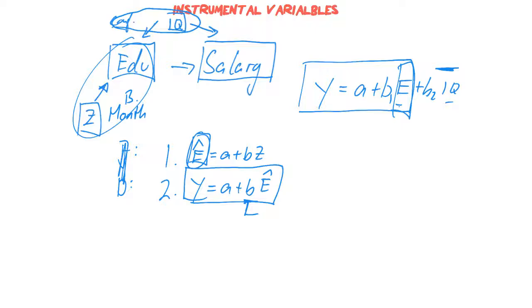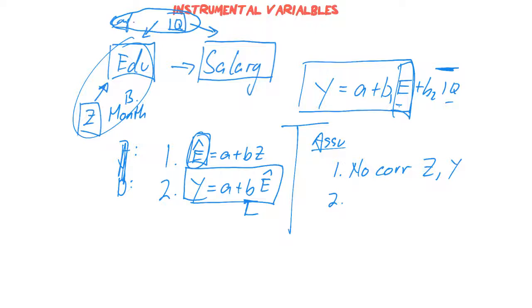Now, there are two assumptions that are needed for this to work. The first assumption is that there is no correlation between Z, the instrument, and Y, the outcome itself.